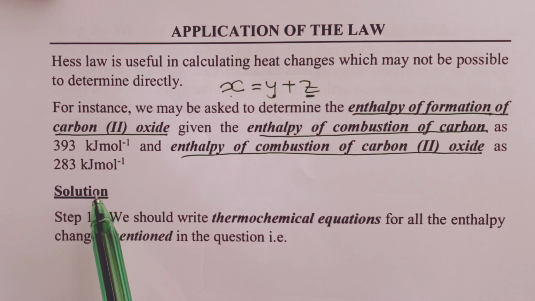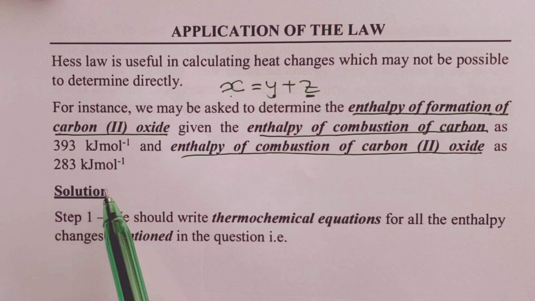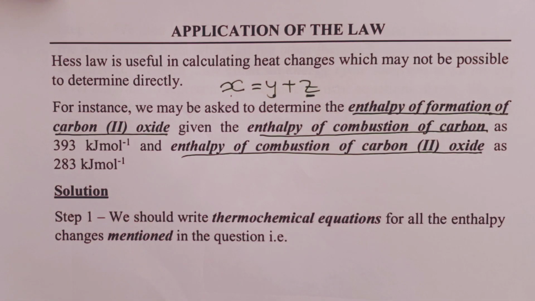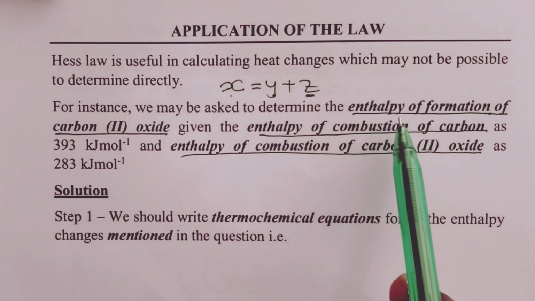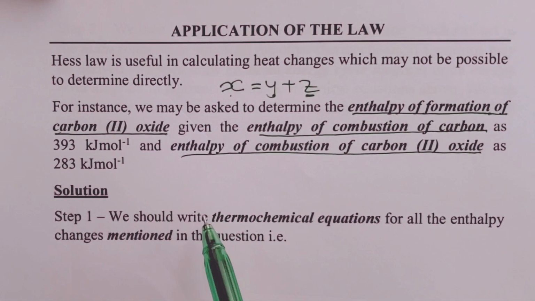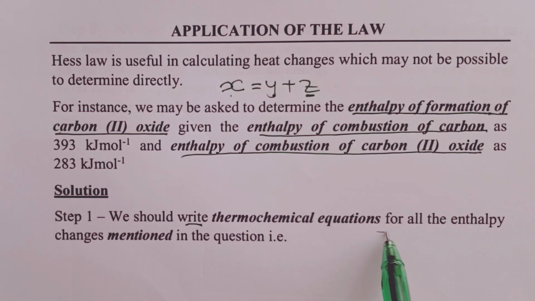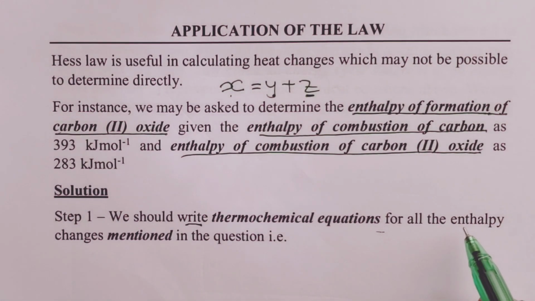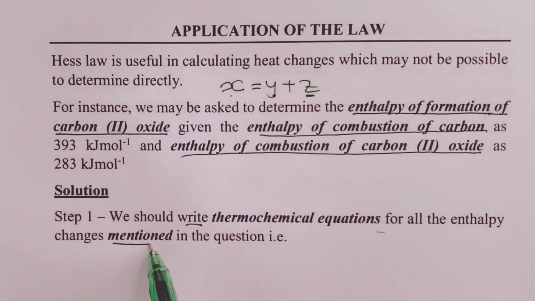Now, what are the steps? So, the first step, if we are asked to find enthalpy of formation of carbon 2 oxide from the two enthalpy changes given, is to write thermochemical equations for any enthalpy change mentioned in the question.